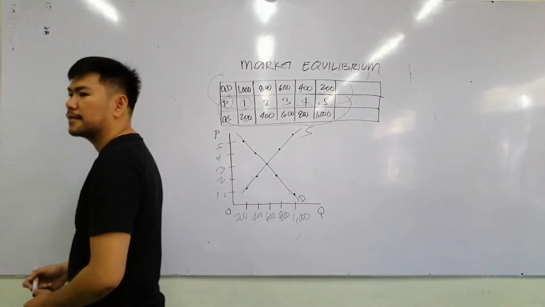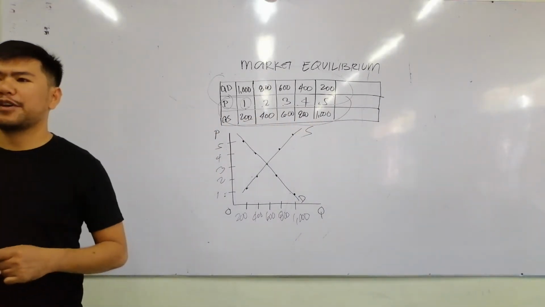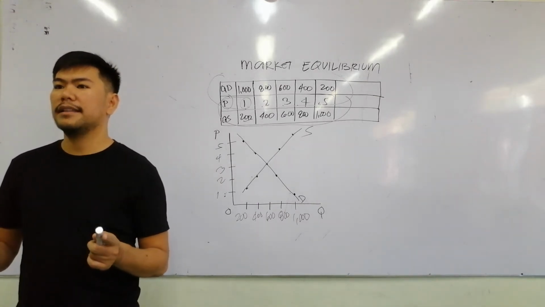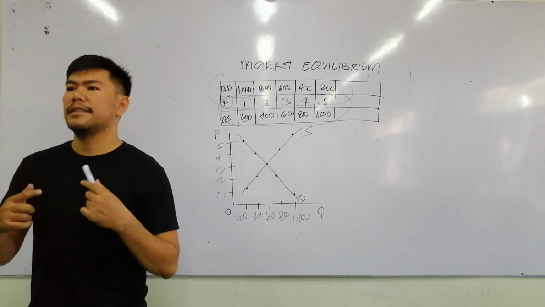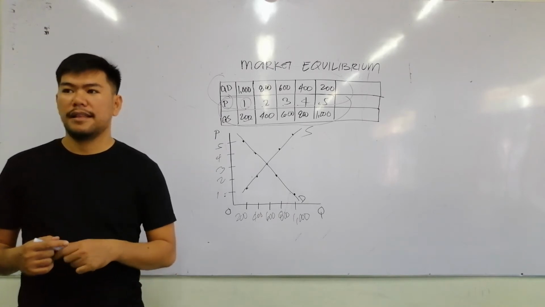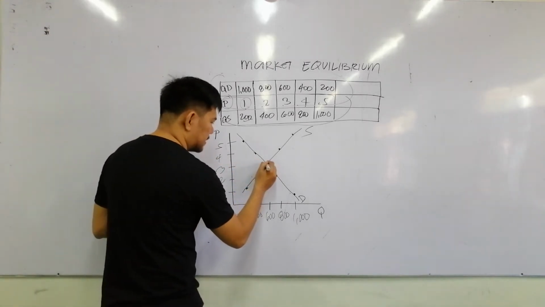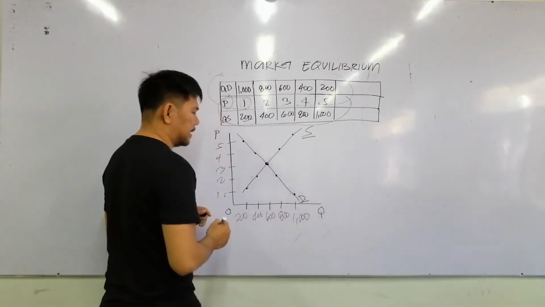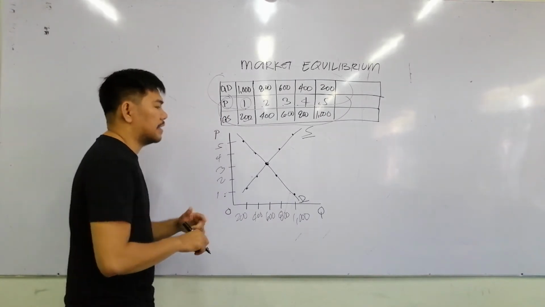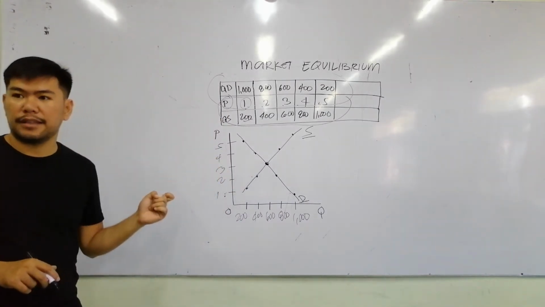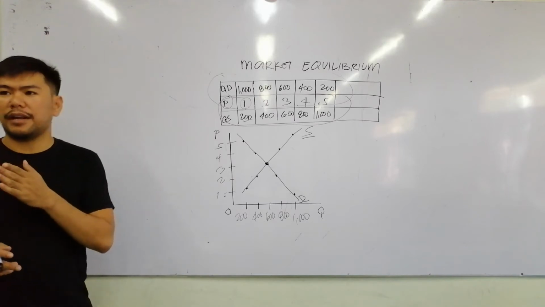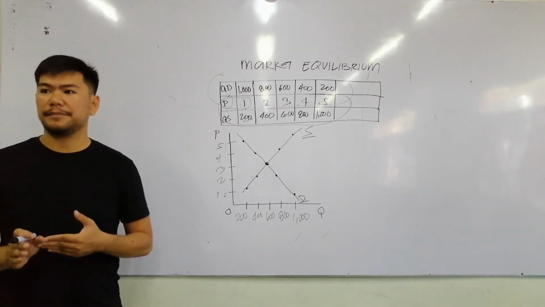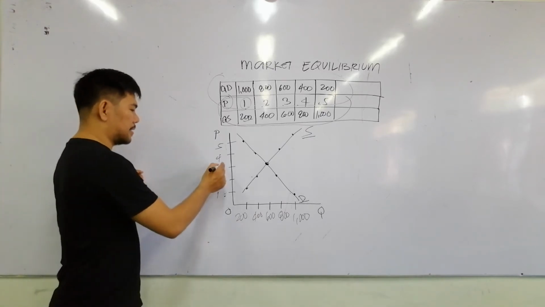Question: what is the equilibrium point here? It is the point where quantity supplied and quantity demanded meet, where S intersects with D. This is the equilibrium point. If I were to ask you about the equilibrium price, what would be the answer? Yes, it is 3.